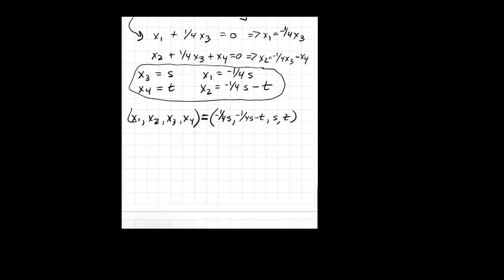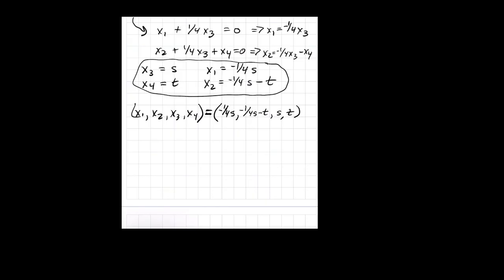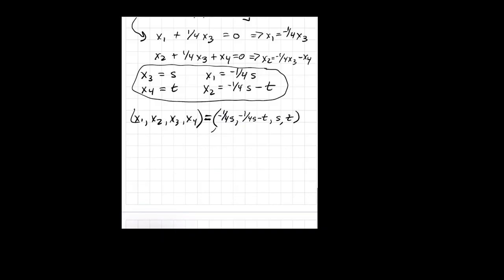Now, one thing you should notice from previous sections is we would want to pull out those s and t's. So how would we rewrite this? Here we'd want to pull out our s's and t's. So if we had s times all these coordinates, what would that look like?